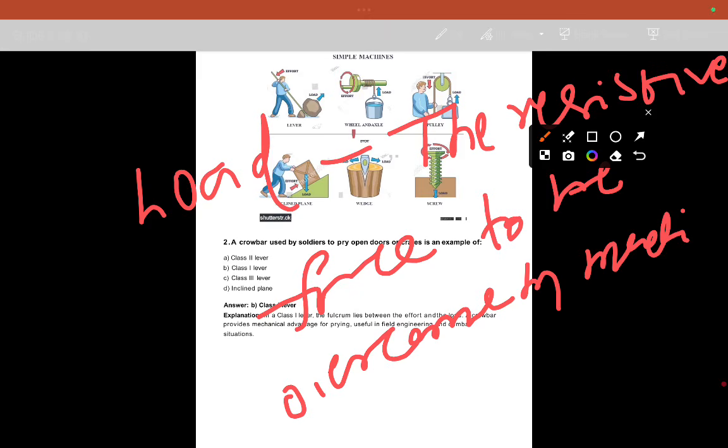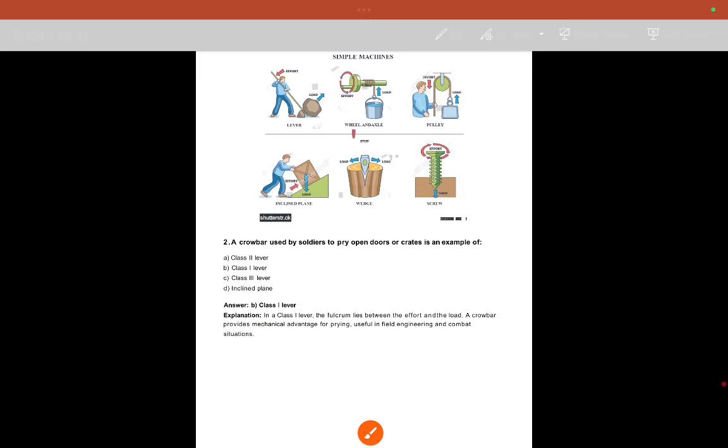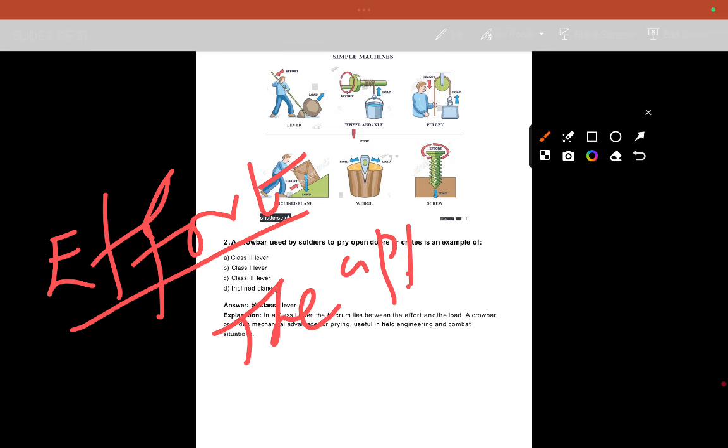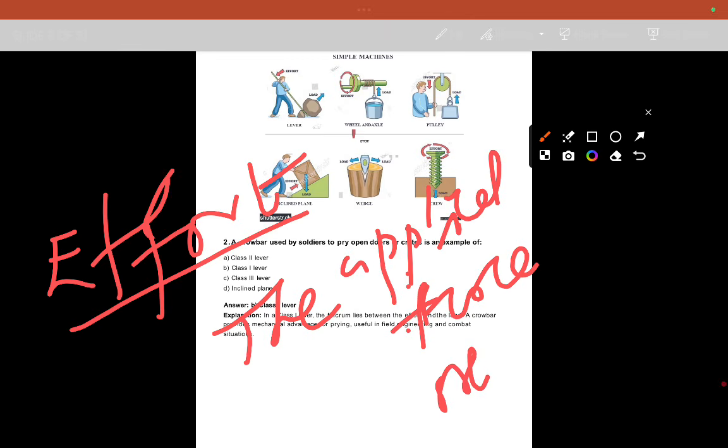The next one is effort. What is that? Effort: the applied force required to overcome the load. The previous one is the resistive force to be overcome by the machine.